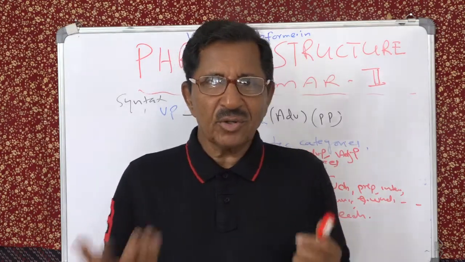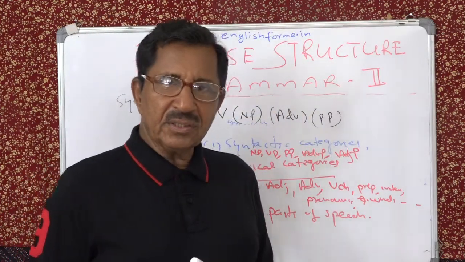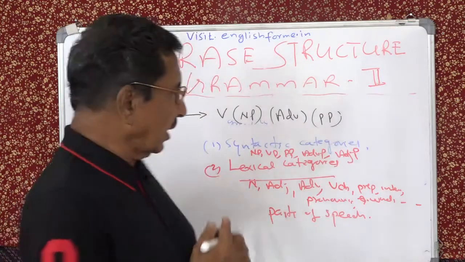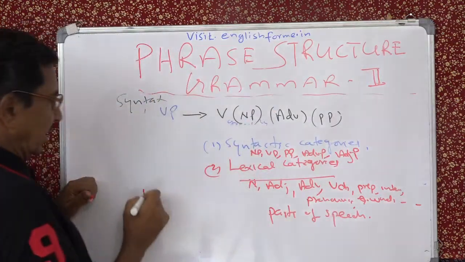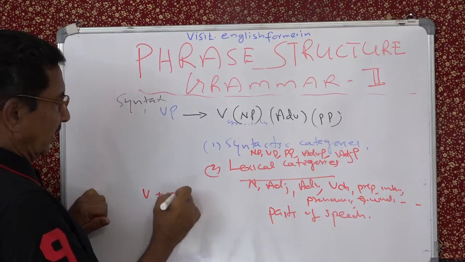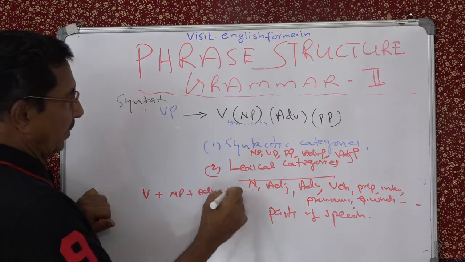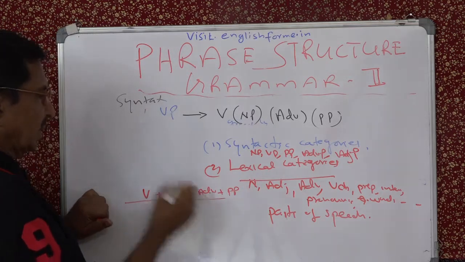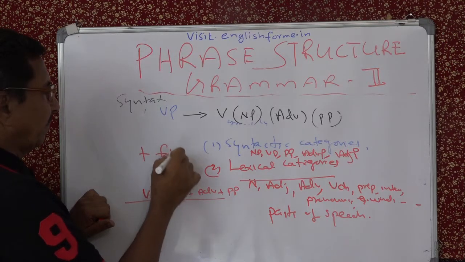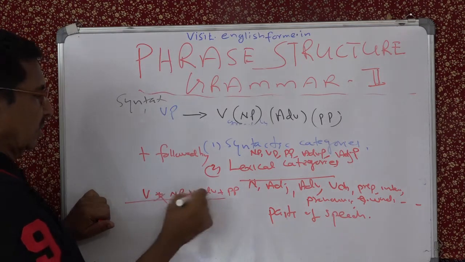Because these days we don't use plus, that's why I did not tell you. Plus means followed by. You can write it like this: NP plus ADVP plus PP, like that. Plus here means followed by.